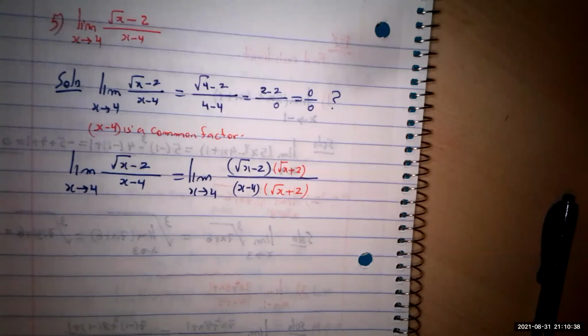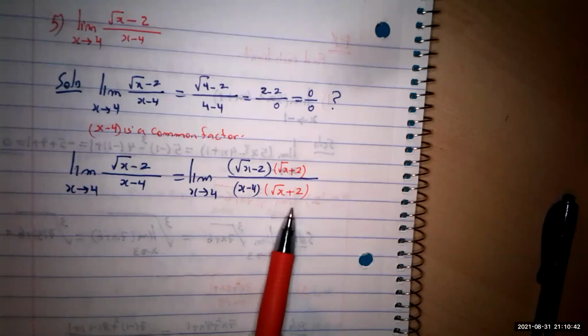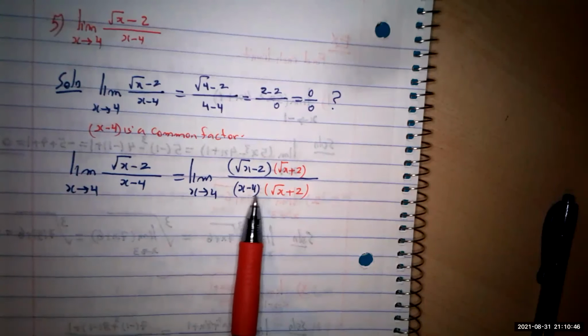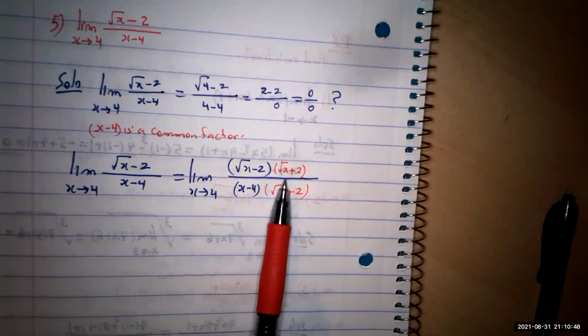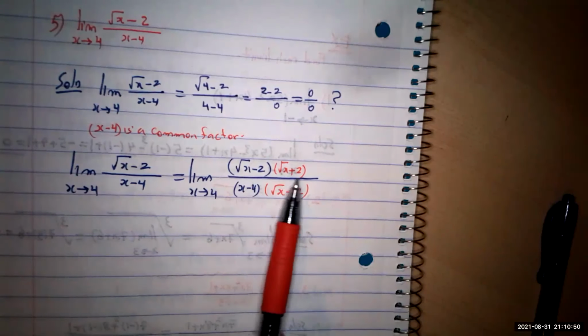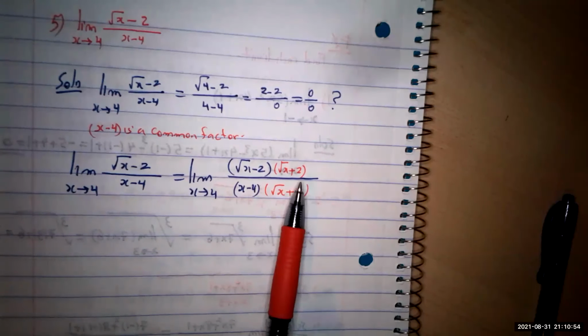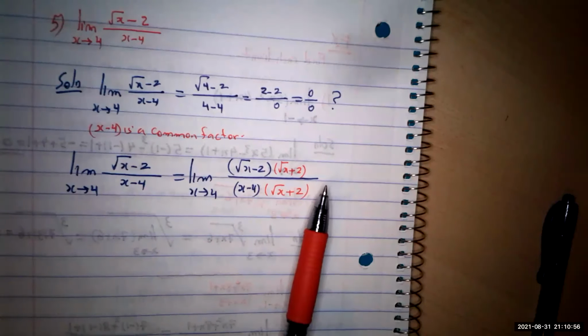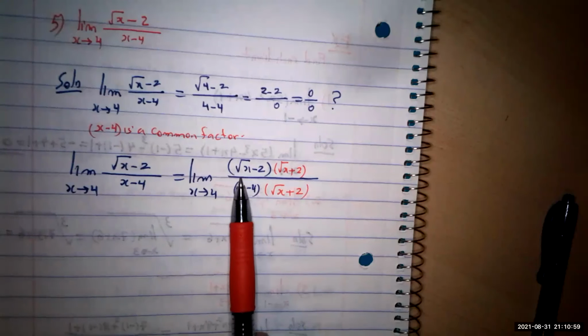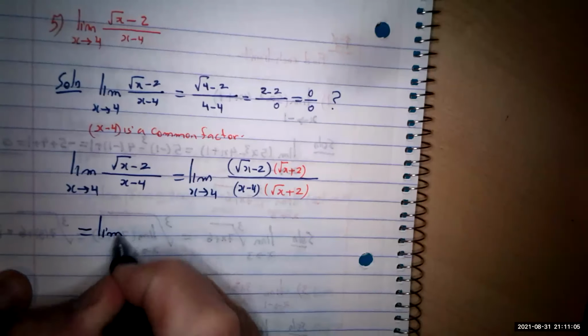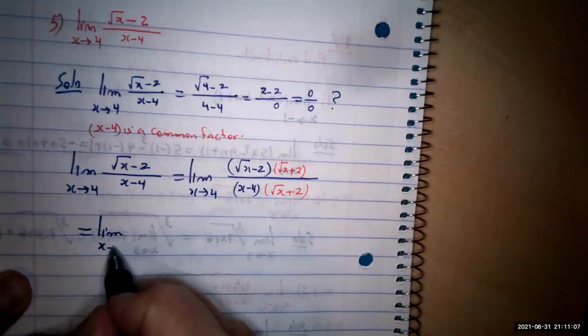Now you should be able to create x minus 4 on the top. You are not going to touch the bottom one because you have the common factor you are looking for. The top is a special product in algebra. Remember, a minus b times a plus b would be a squared minus b squared. So it's going to be radical x squared minus 2 squared. We continue. It's the limit as x goes to 4.